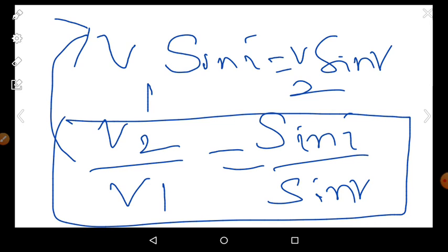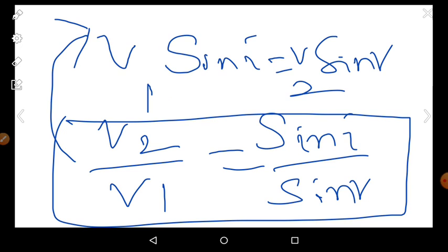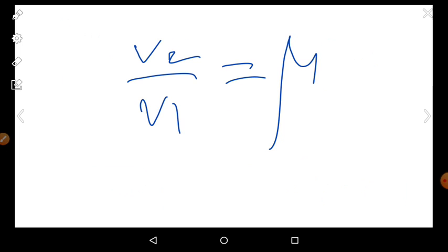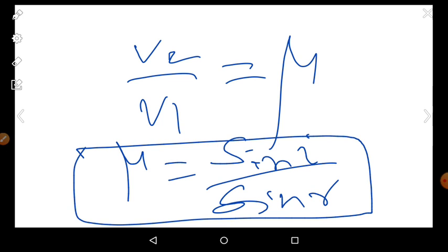I said the ratio of the velocities V2 by V1 is equal to the relative refractive index of the two materials. So this relative refractive index, which equals V2 divided by V1, we can express in terms of sin I and sin R. It means mu equals sin I divided by sin R. So this is the relative refractive index between the two materials.